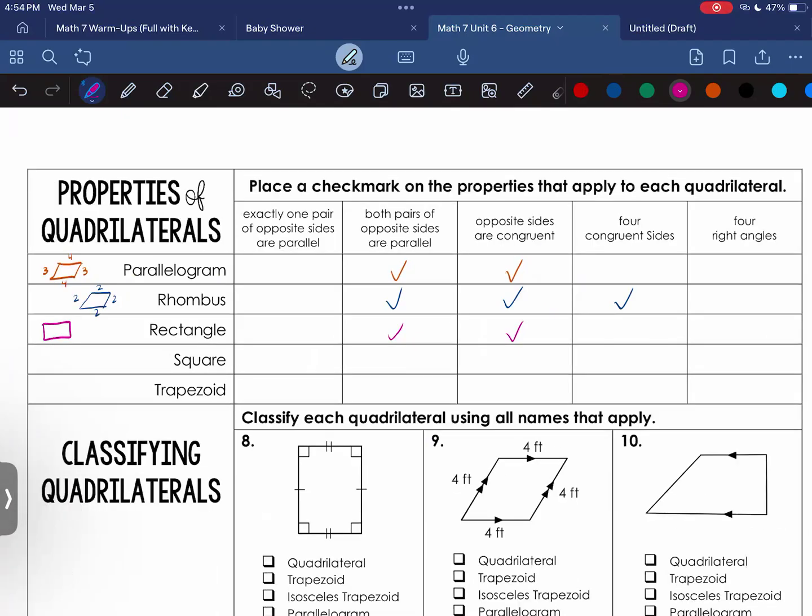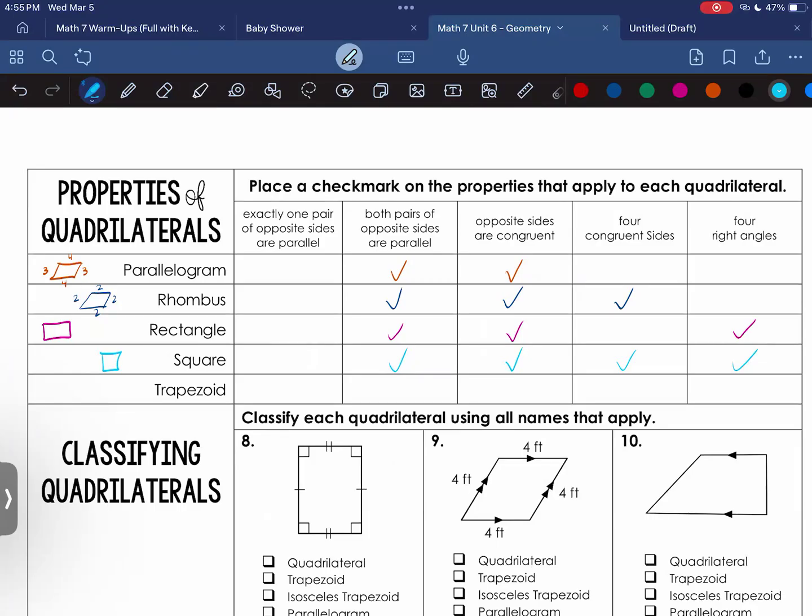Square. Again, I shouldn't have to draw this one. Opposite sides are parallel. Opposite sides are congruent. All sides are congruent too, right? In a square, everything is the same. So if one side is 10, all sides are 10. And yes, there are 4 right angles.